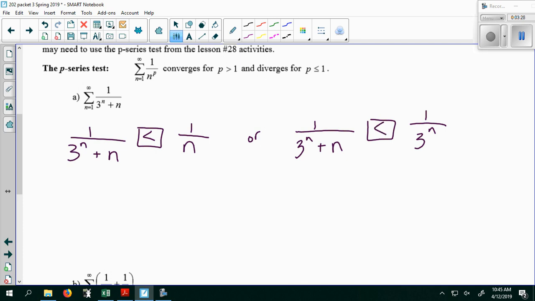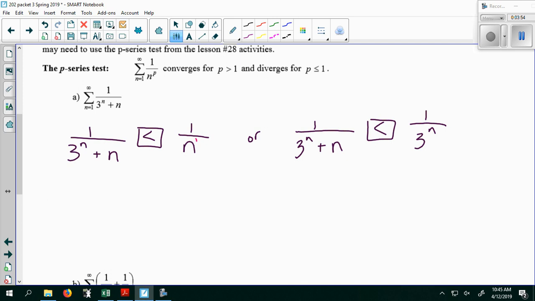One of these comparisons is helpful because I know the convergence and divergence behavior of 1 over n and 1 over 3 to the n. So the infinite sum of 1 over n, converge or diverge? Maybe check the p-series test up here. Diverges, yeah, p less than or equal to 1.